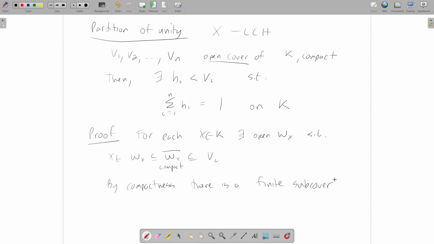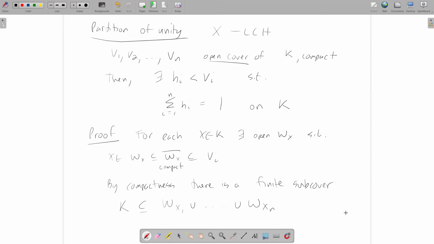So that means that K is contained in a finite union of these Wxi's. I'm going to call them Wx1 through WxN. So these are N points that are in K, but these W's actually cover K. By compactness, every open cover has a finite subcover.